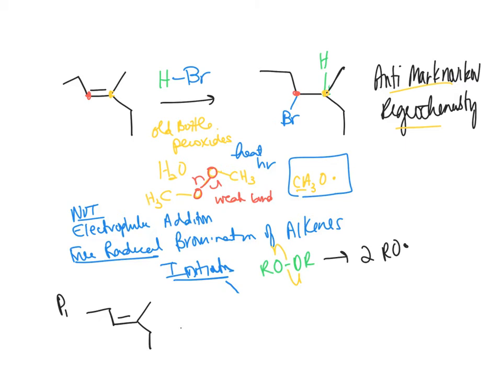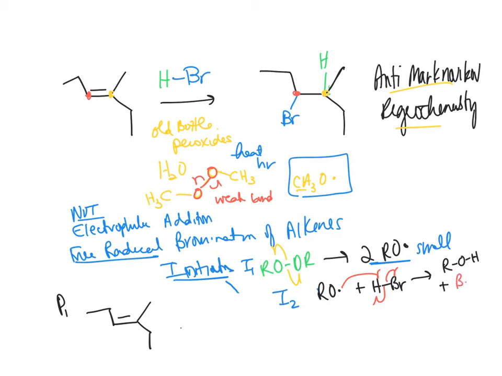So this generates a small amount. That's initiation step 1. We're going to have initiation step 2. Now this free radical will react with HBr and generate the bromine radical. So this will come here, and it'll take the ROH plus the bromine radical.